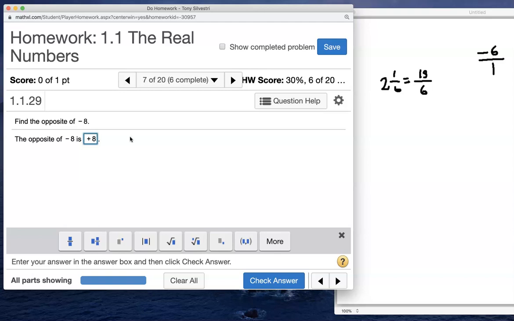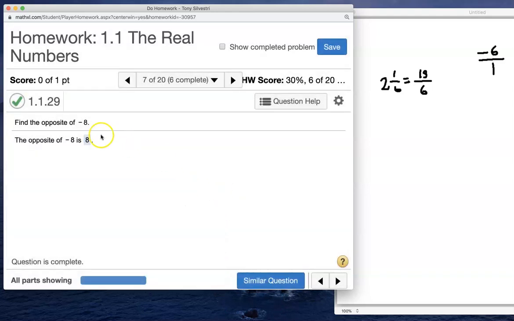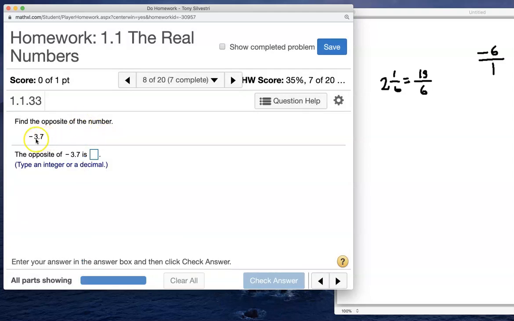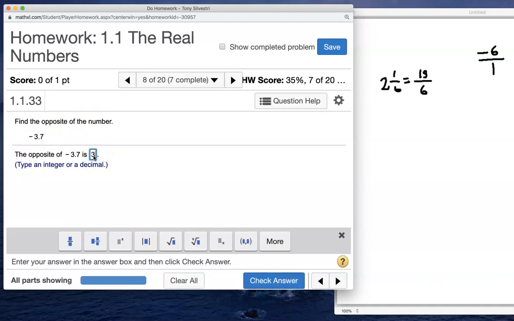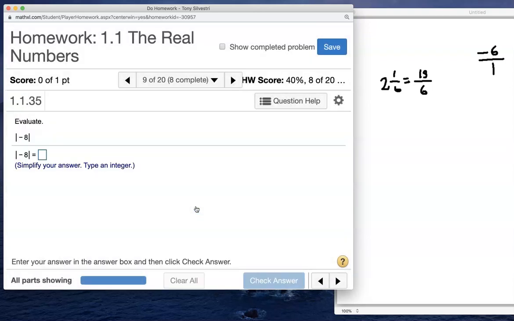If it starts off negative, the opposite is positive. That's it. Now, the plus on 8 is not necessary. I believe the computer will probably take it, but it's implied that if there's no sign, it's positive. So that's the opposite. Don't read into it any more than what I just said. Just change the sign to something else. We have a negative 3.7. What's the opposite? Positive 3.7. That's all it is.